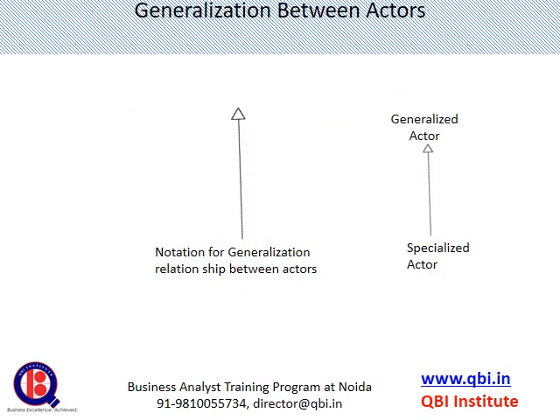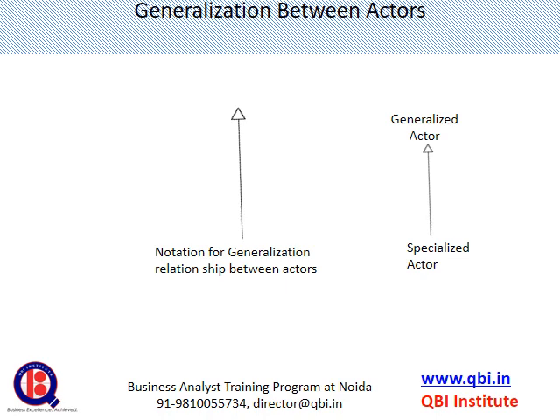Generalization between actors. In a use case model, we have two kinds of actors, a specialized actor and a generalized actor. In the next slide, we will learn about the specialized actor and the generalized actor. Here, we will learn about the notation for the generalization relationship between actors.